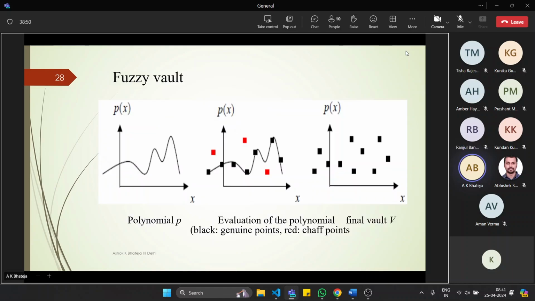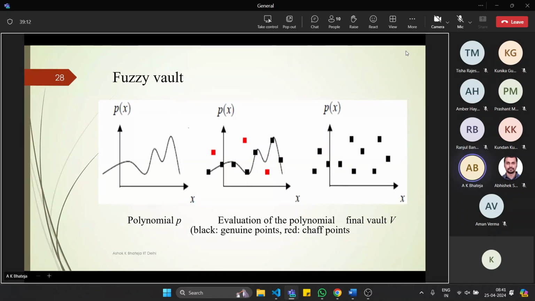Any other question, any doubt? So this is the polynomial P, suppose. These red points are the sharp points, and the black points lying on the polynomial, you can see, are the genuine points lying on the polynomial. Now this is the set V. So this V is the cipher, you can say.